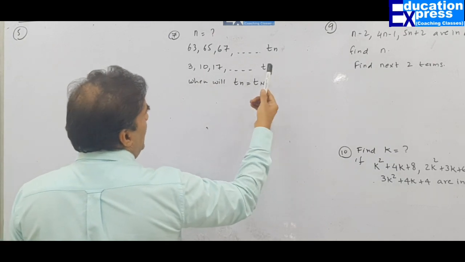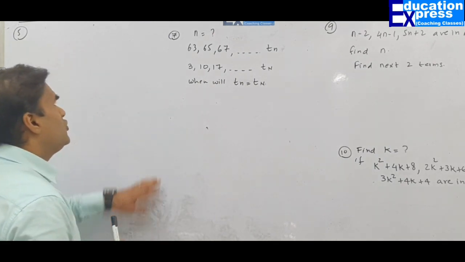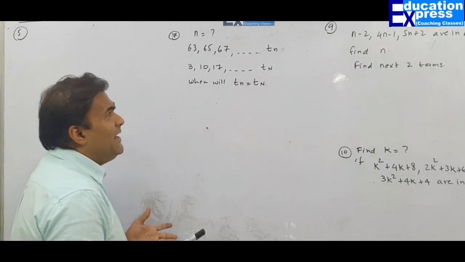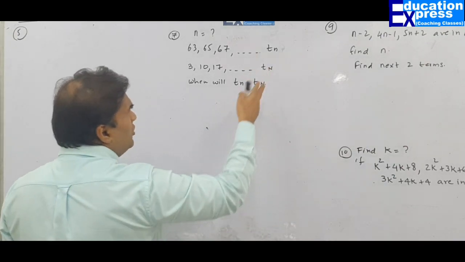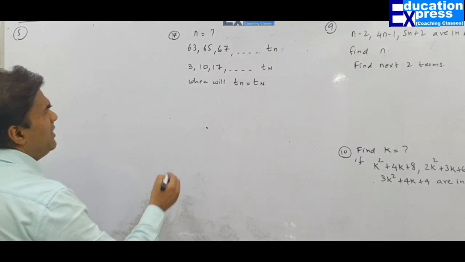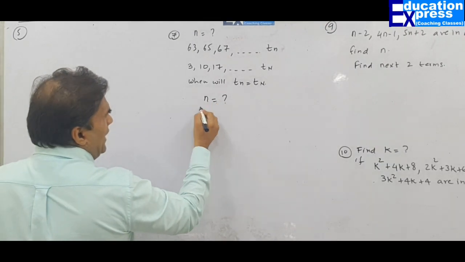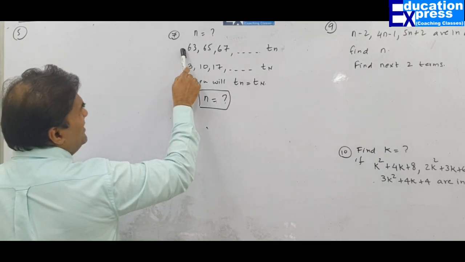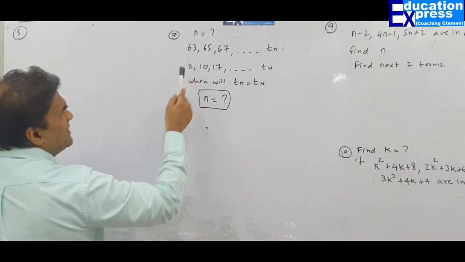We don't know its nth term either. So we don't know the nth term of either series, but they are asking what the value of n should be so that the nth term of this series and the nth term of that series are the same.